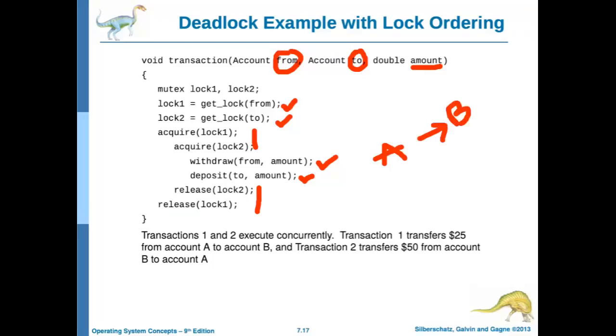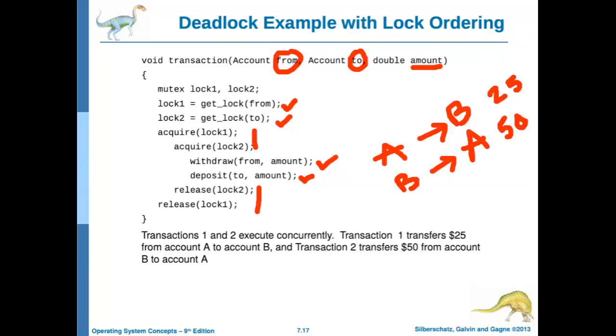Now that amount is mentioned here, like $25, and second transaction is transfer from B to A. The amount is not important here actually.